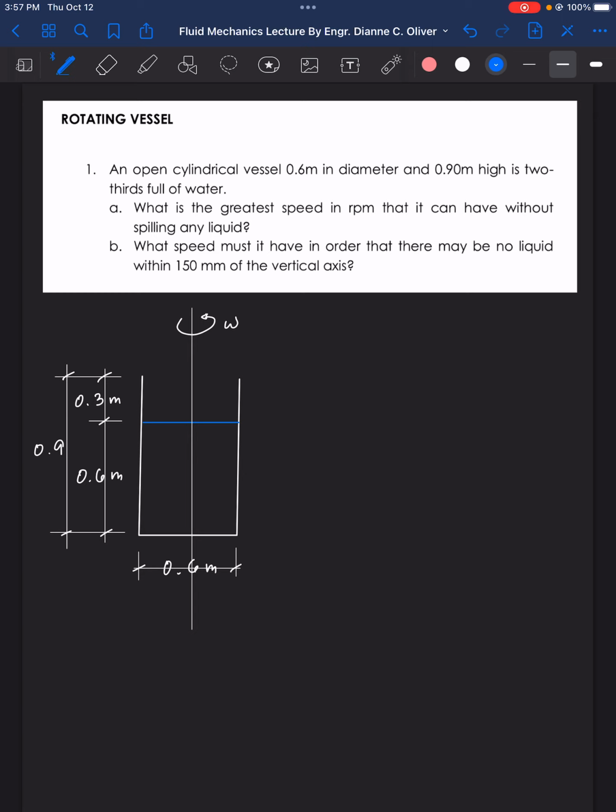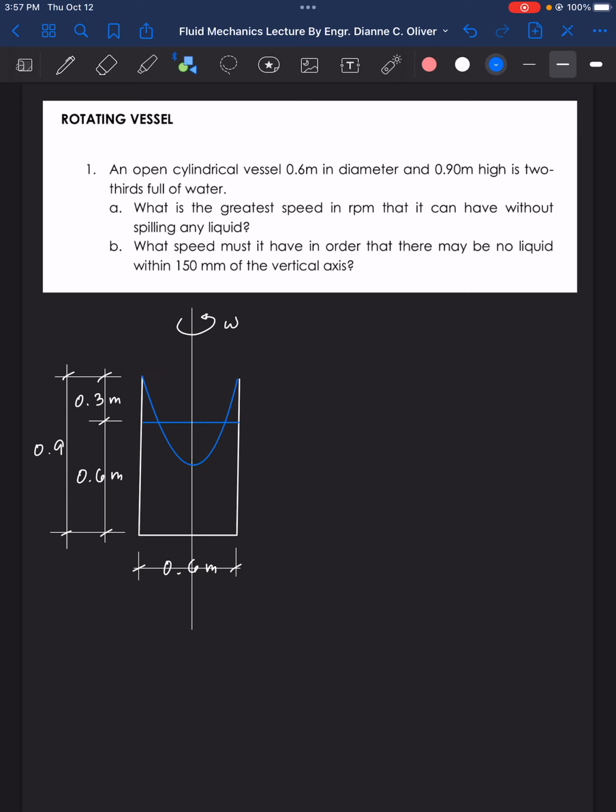Therefore, the maximum height that the liquid can reach on this side of the vessel is up to the rim. Okay, so we will have a parabola, something like that.